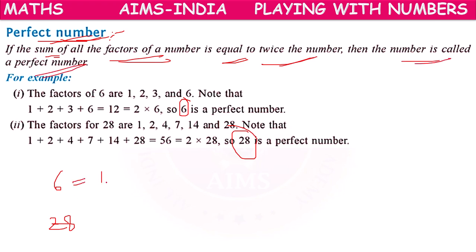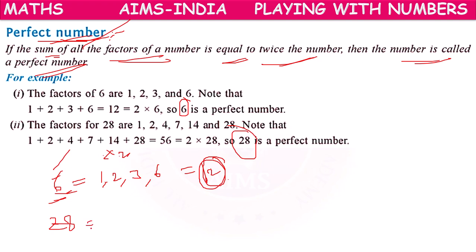What are the factors of 6? 1, 2, 3, 6. What is the sum? 12. Means the sum of factors is twice 6 into 2, 12. The sum of factors is twice the given number. So that's why 6 is a perfect number.